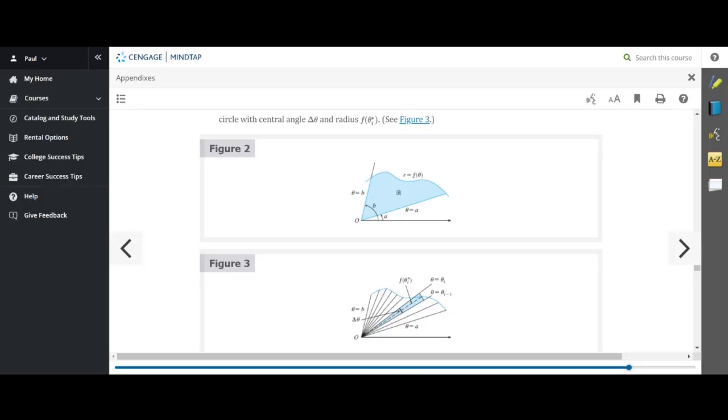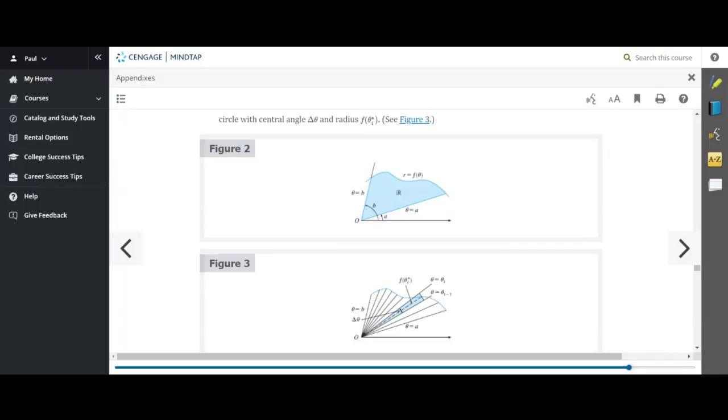They have a sector of a circle there. For that blue sector in figure 3, the starting angle is theta sub i minus 1, the ending angle is theta sub i, and delta theta is the difference in those angles. Then you have a radius: you pick some angle, theta i star, in between those two angles and compute the radius for it, and that defines your radius.